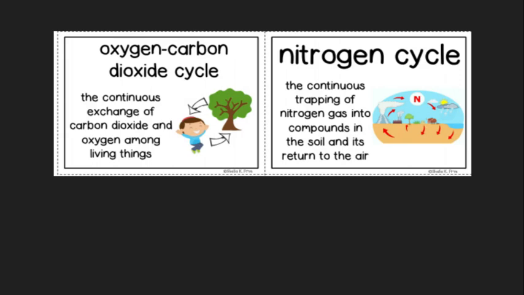So please, whether you have to write them down or print them out, make sure you study them. Make sure you know the difference between a producer, a consumer, and a decomposer. Make sure you understand what the different cycles are and the different relationships are so that you can do really well on this unit of science.